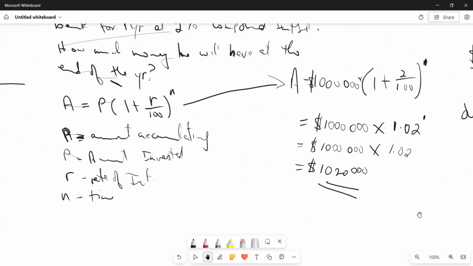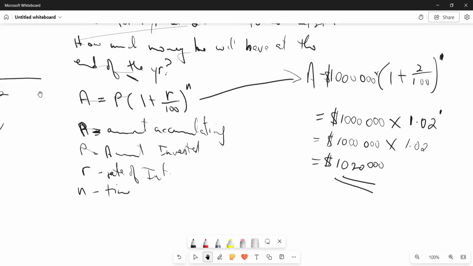What I was getting at is the use of a formula. What we're basically doing here is algebra, right? We are substituting values, real numbers, for symbols in a formula. That's what algebra is all about.